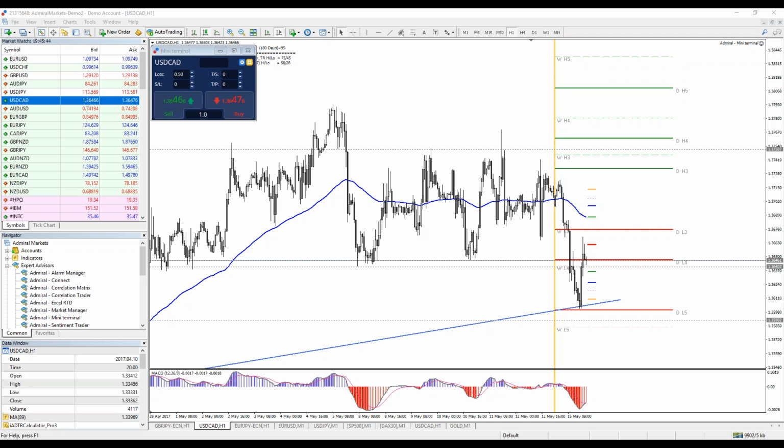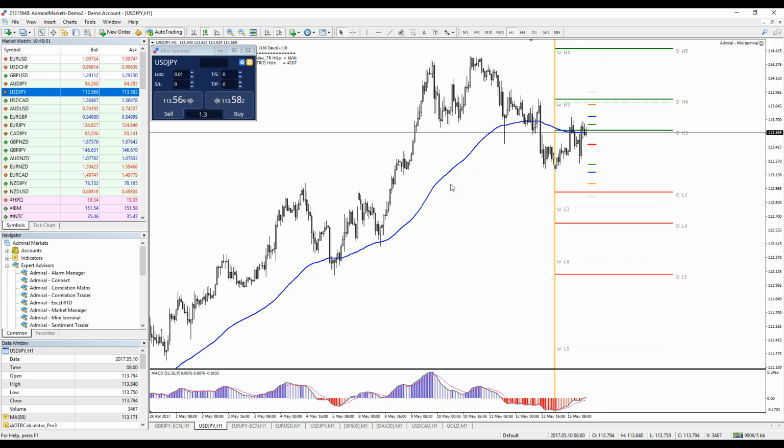Okay, now the question was about the dollar yen. Is it still in uptrend? If you followed my price analysis on dollar yen on Friday, you know that I went long. I didn't close my trade, but I was profit stopped for some 30 pips, because when price broke through daily H3, I had a long trade.